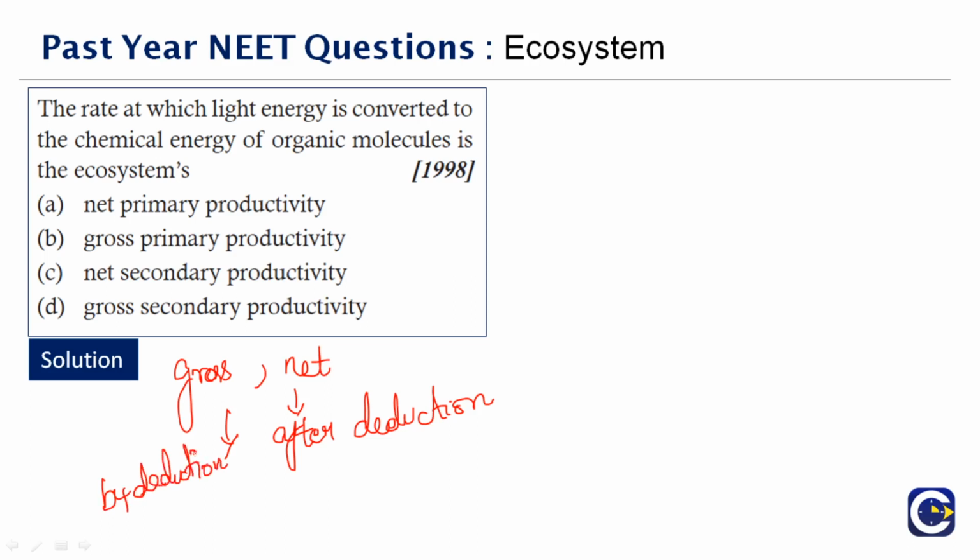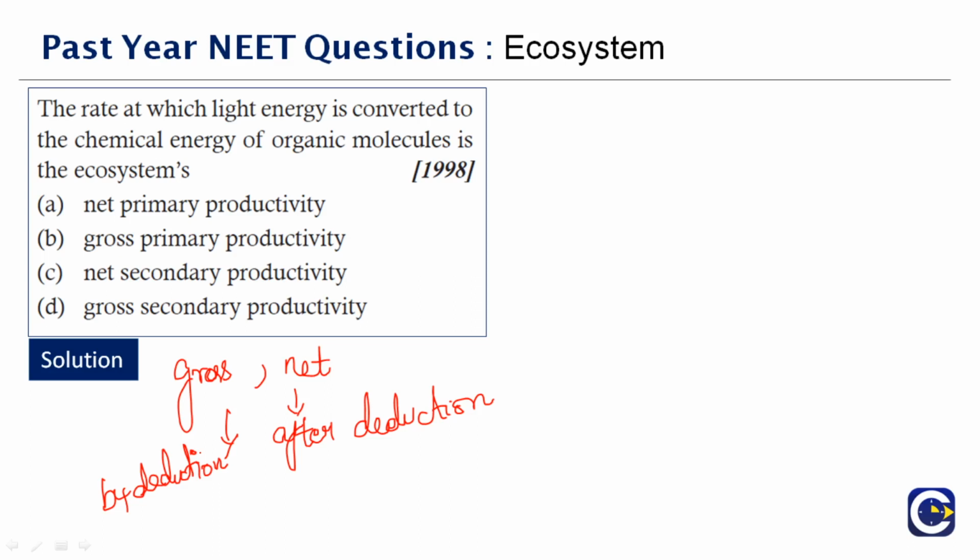I also gave you an example for this. You have your whole salary in your hand, that is your gross. When you deduct everything from it, the rent, the electricity bill and so on, the remaining that you have is your net.